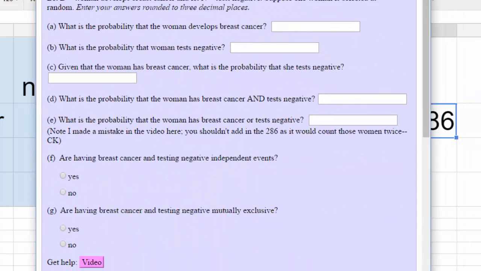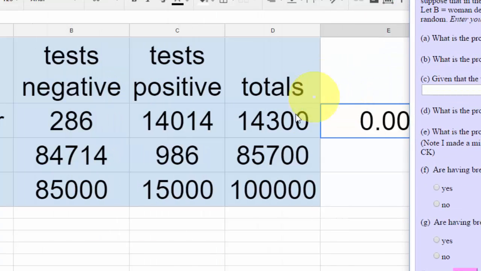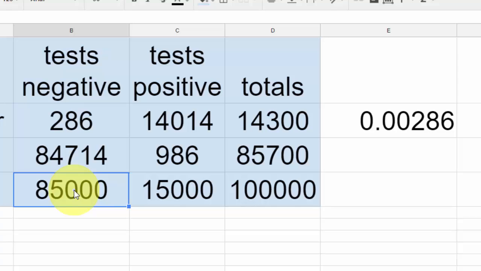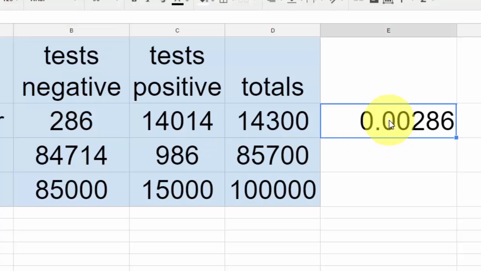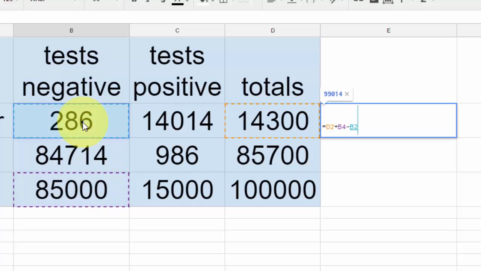And then finally, what's the probability that the woman has breast cancer or tests negative? So has breast cancer are all of these women. Tests negative are all of these women. So we could add those up, but if we do, we will have counted these women twice. So what we need is these women plus these women minus the ones that we've counted twice.